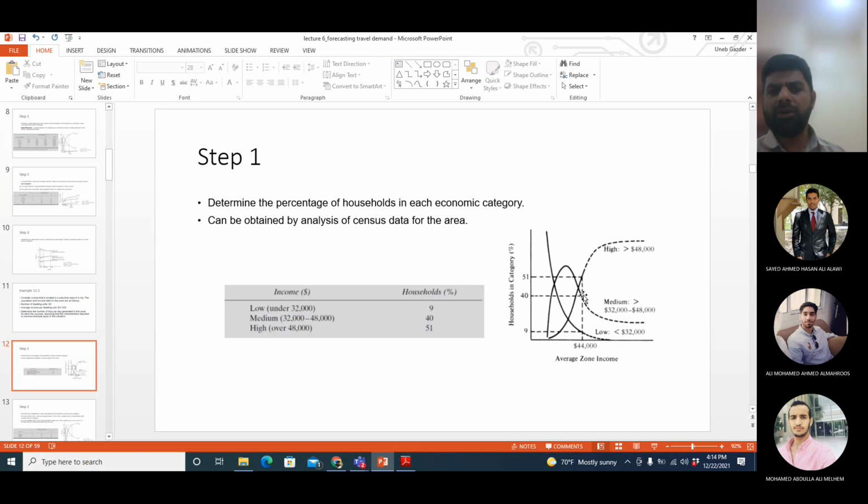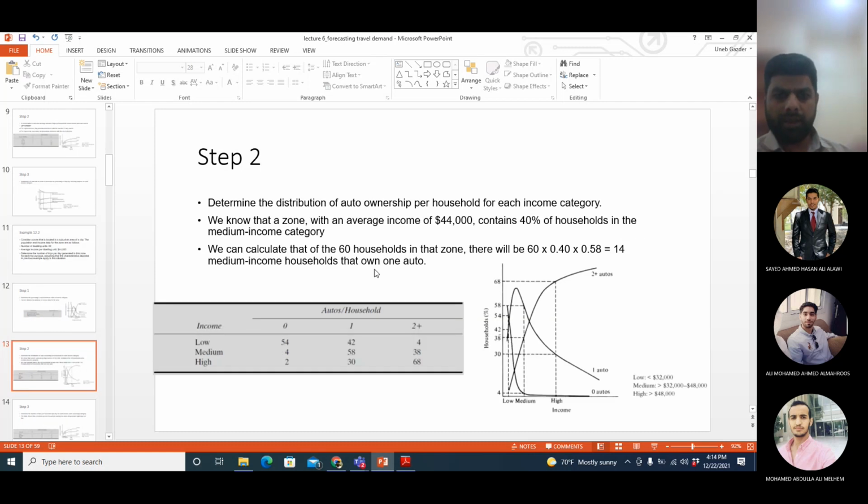Find out the percentage of households belonging to each income category, which is this much. Then find out the distribution of car ownership per household for each income category. You want to know how many households for each income category have, for example, one car, how many have 2 cars, and so on.